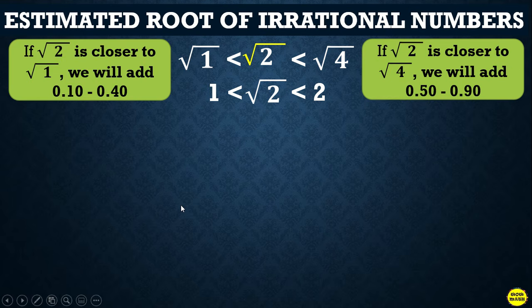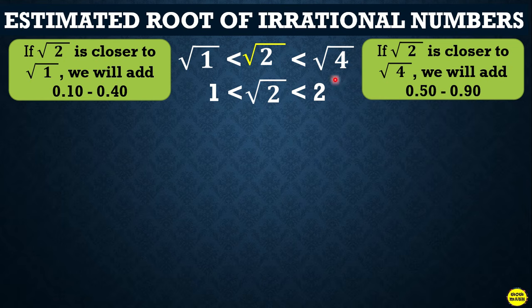If square root of 2 is closer to square root of 1, then we will add 0.10 to 0.40. Okay, so mag-add tayo ng 1.10 hanggang 1.40. Now, but if square root of 2 is closer to square root of 4, then we will add 1.50 to 1.90. So, yan yung range na i-add natin. Okay? So, ito yung para mas mabilis tayong makapag-estimate.